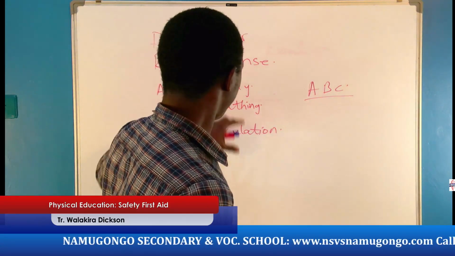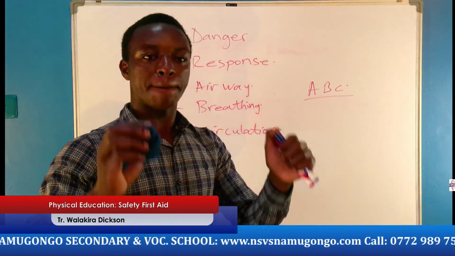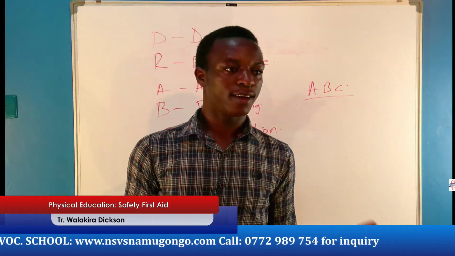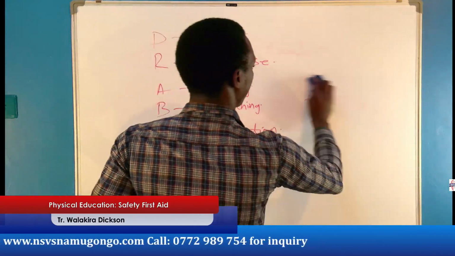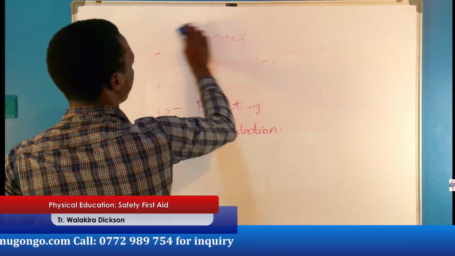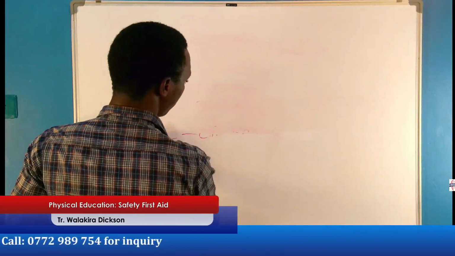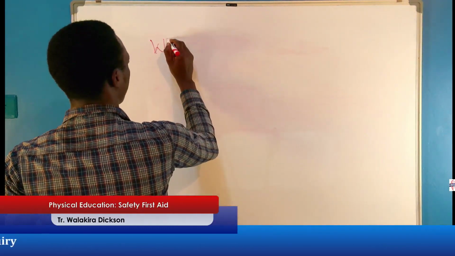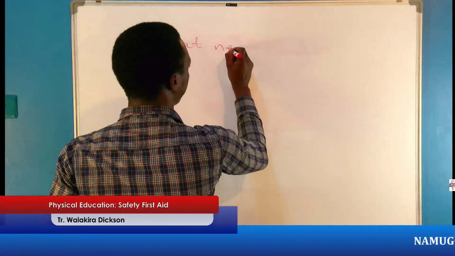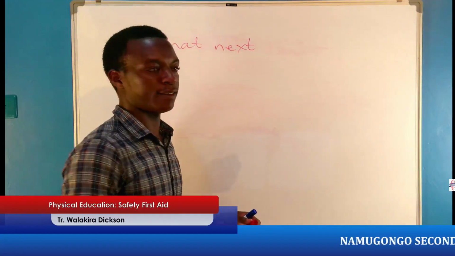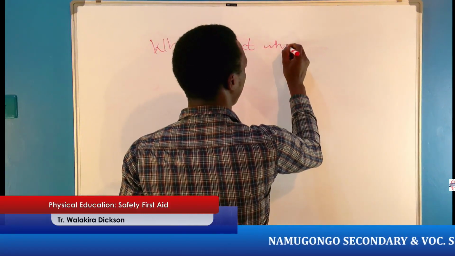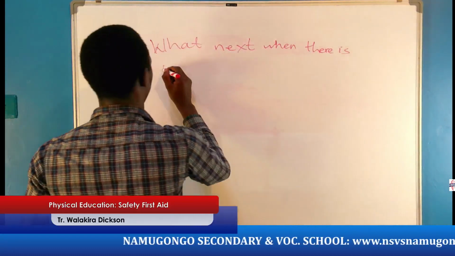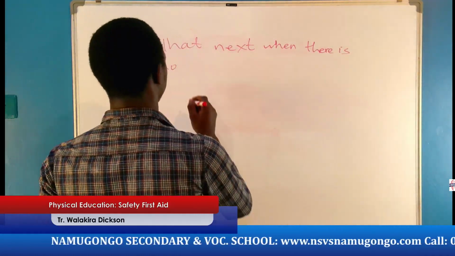Now, you have done the DRABC and it is complete, but you realize there is no change. Okay, what next if the DRABC has not worked? What do you do when there is no saturation?